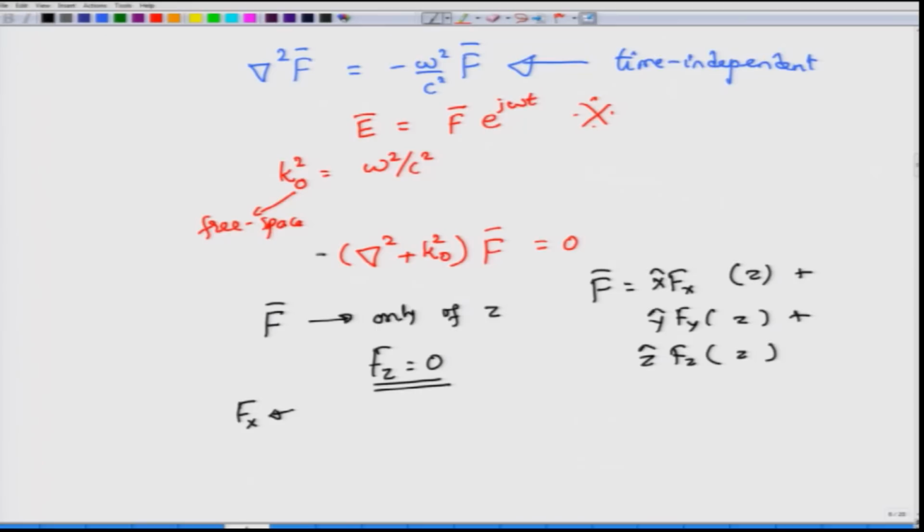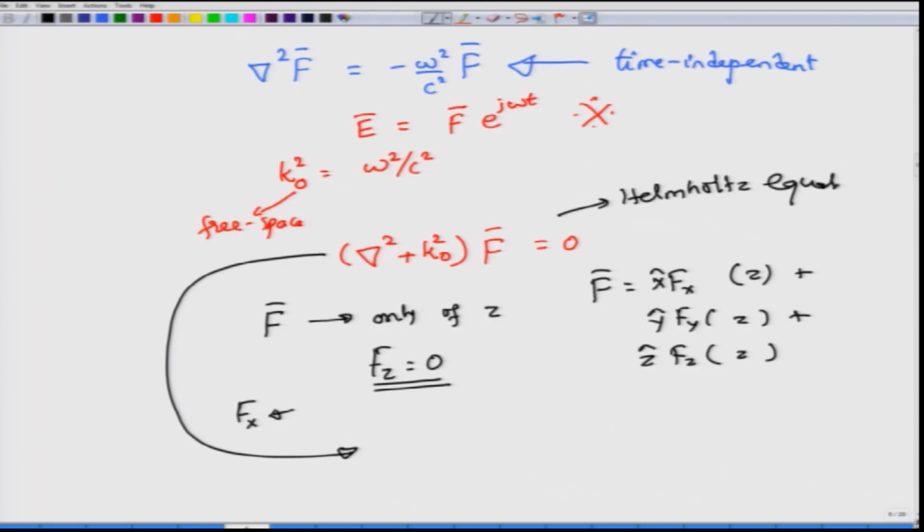So, the equation that we have, the time independent equation, is sometimes also called the Helmholtz equation. What this equation becomes, if you assume f to have only the x component, is del square by del z square plus k 0 square times fx equal to 0.